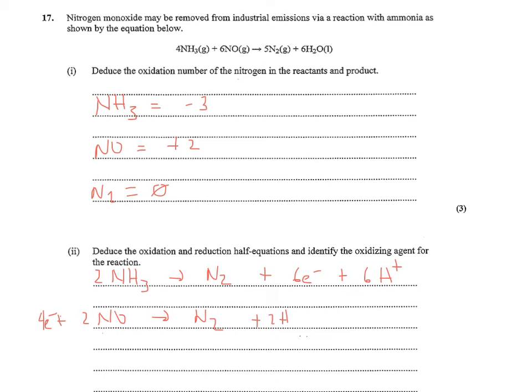Actually, 2 H2O, since I added a second one there. And so I'm also going to need 4 hydrogen on this side. So there's my half equation for the NO. And as far as the oxidizing agent, it's the species that's being reduced, so that would be my nitrogen monoxide.